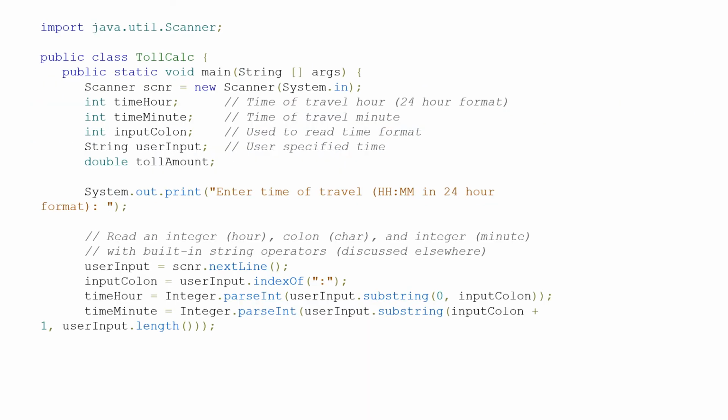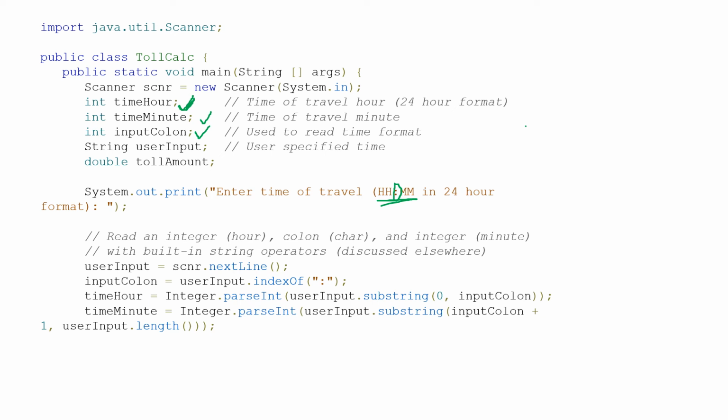Let's look at the code. We are initializing five parameters here. The time format is the 24-hour time format, which has two parts, the hours and the minutes, and we need to mention a colon in between to differentiate between them.